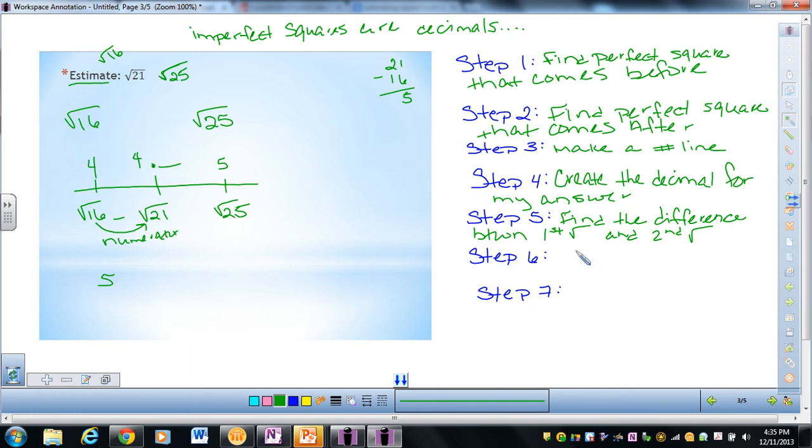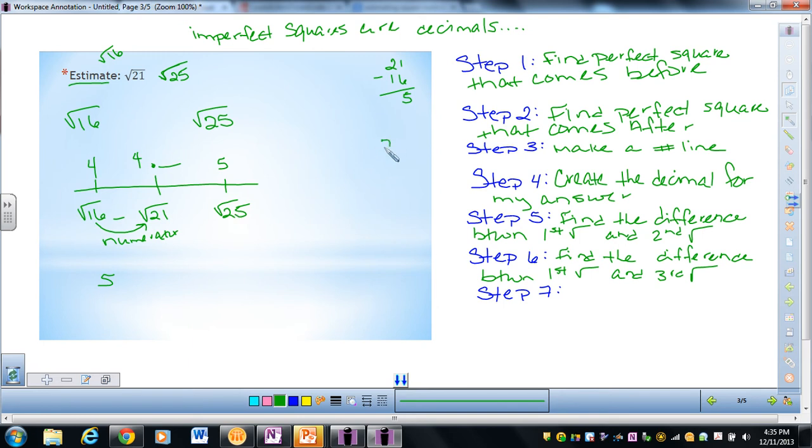And then step 6 tells me to find the difference between the first square root and the third square root. That means I'm looking for the lowest one, which is 16, and the highest one, which is 25.